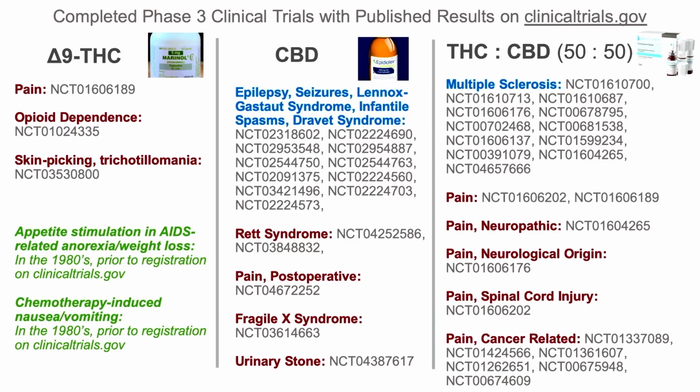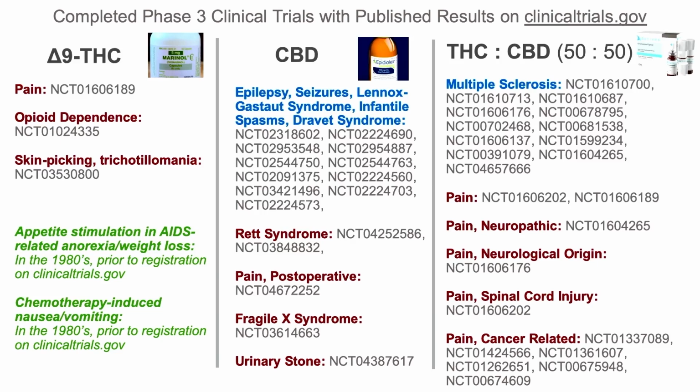CBD has been, so GW Pharma, who pushed this through approval, funded a lot of trials on all of these epileptic indications. And the same company also did trials in Rett syndrome, postoperative pain, Fragile X, and urinary stones.